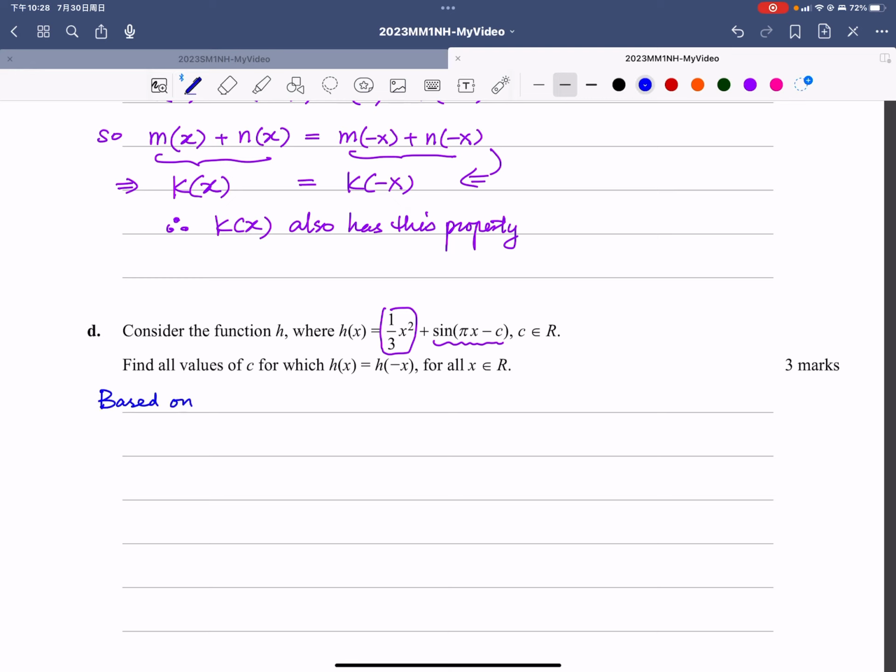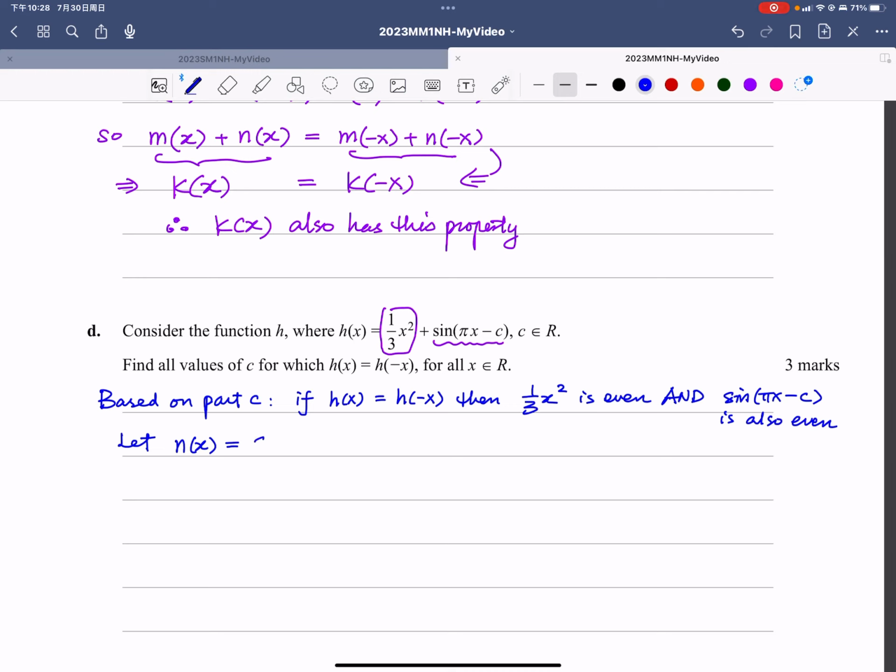Based on part c, if h of x equals h of minus x, then 1/3 x squared is even and sine pi x take away c is also even. Let n of x equal sine pi x take away c.